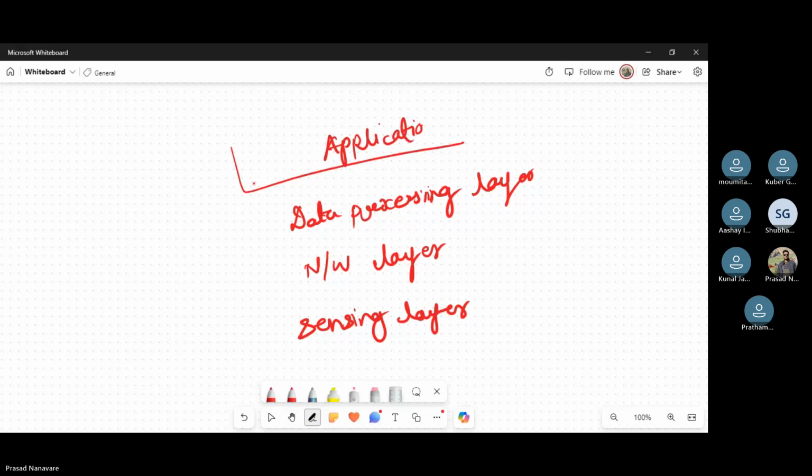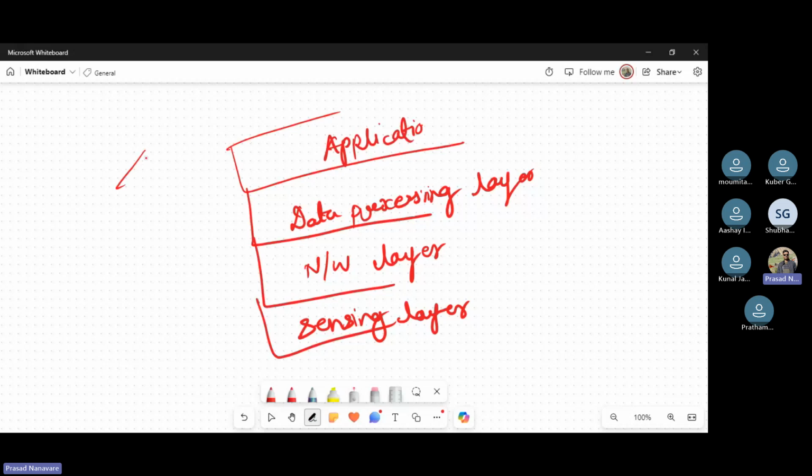So this is the IoT architecture. Okay, and if we talk about data flow, it would be back and forth.